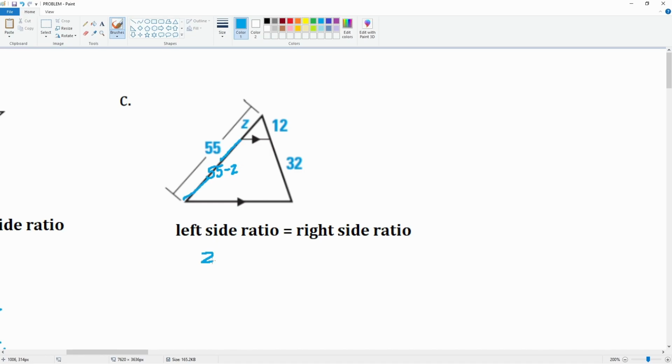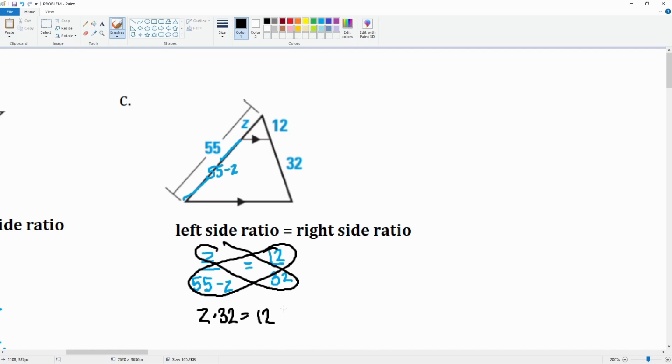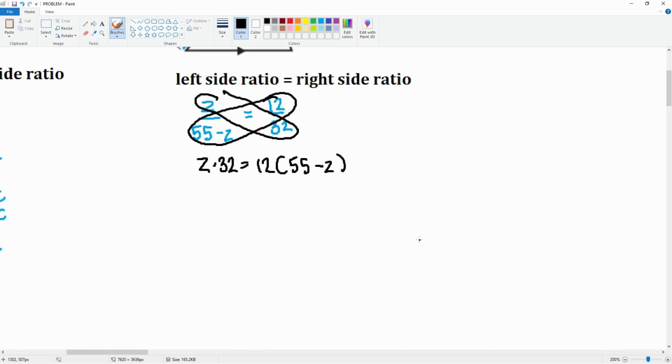So we can do Z over 55 minus Z is equal to 12 over 32. All right, let's cross multiply. So Z times 32 is equal to 12 parentheses 55 minus Z. All right.